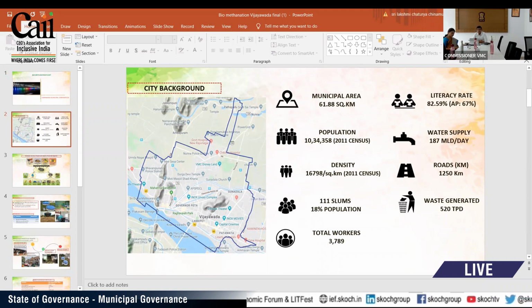Water supply also, we are supplying much ahead of the international standard. Other than that, the main thing which we want to focus on is the waste generation. We are generating roughly 520 tons per day of municipal solid waste, out of which roughly 50% is wet and 50% is dry.